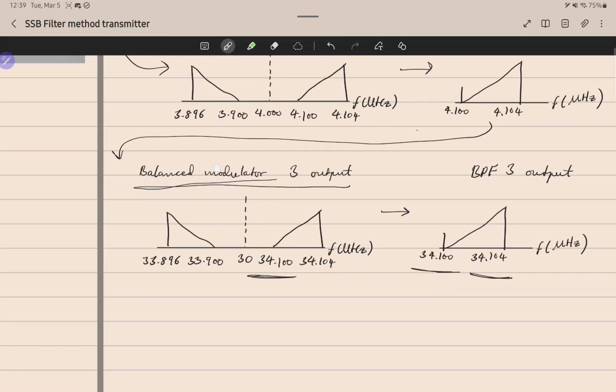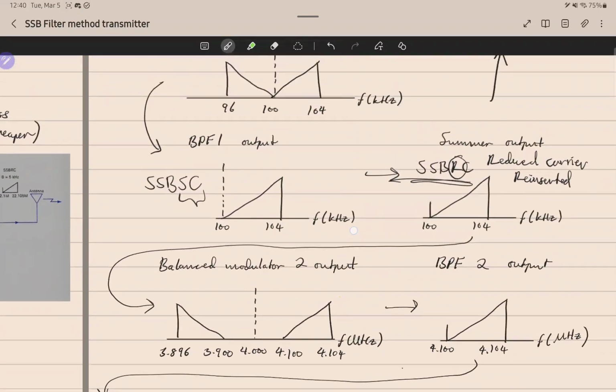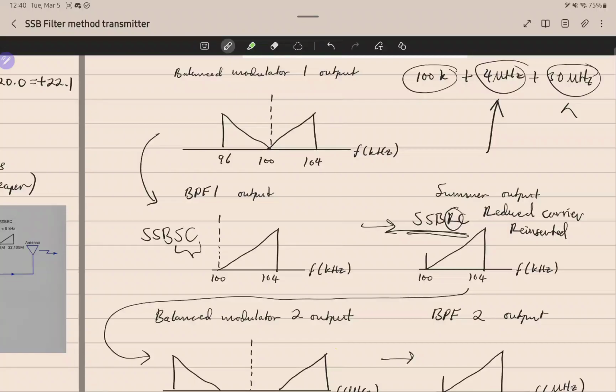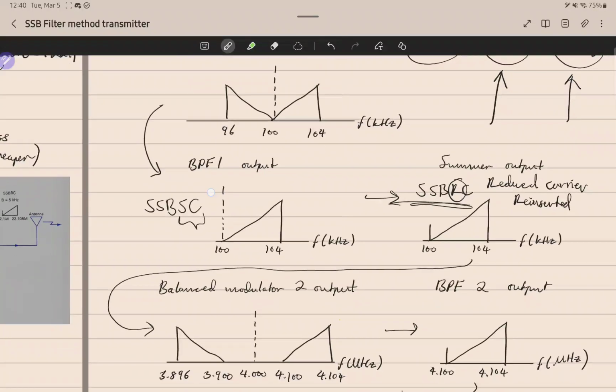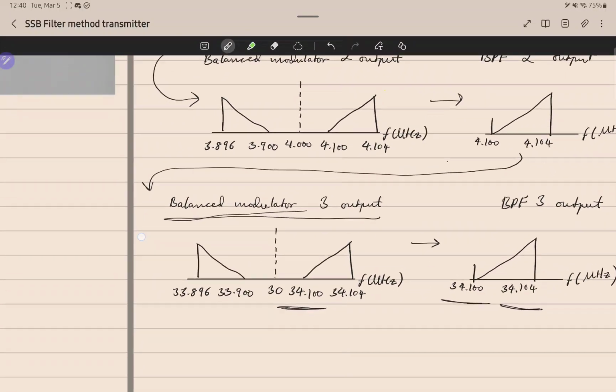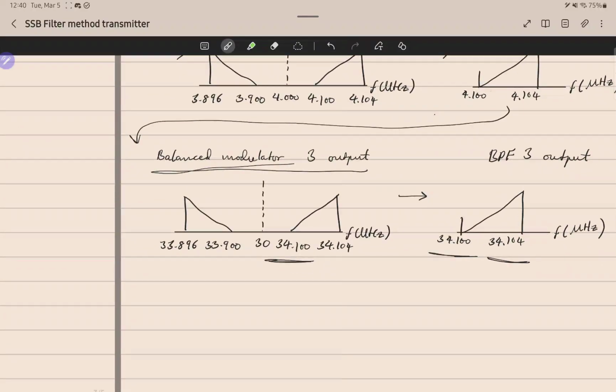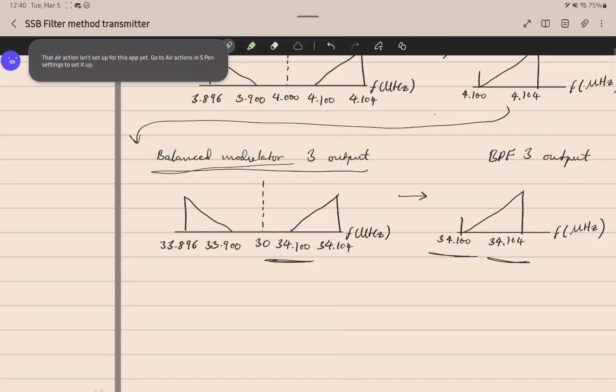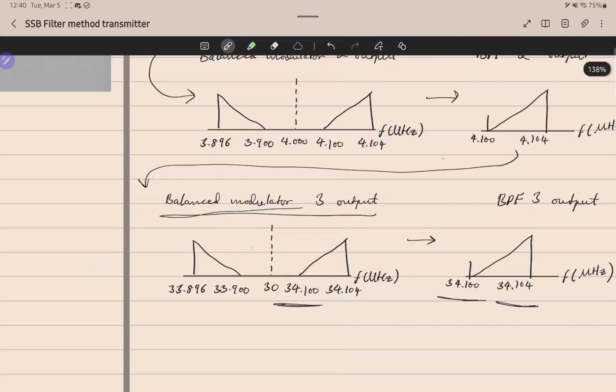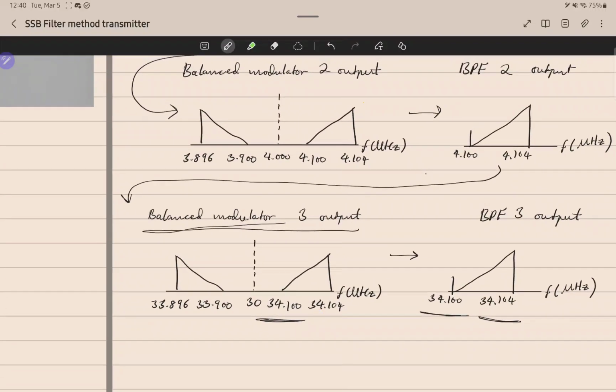Balance modulator 3 output is the same thing, except that your carrier frequency now is different. It's now at 30 megahertz. So now you just add 30 megahertz to 4.1, that's 34.1 megahertz, and 4.104, that's 34.104 megahertz. Again, it's the same thing. Again, you see this widening of a gap in the middle.